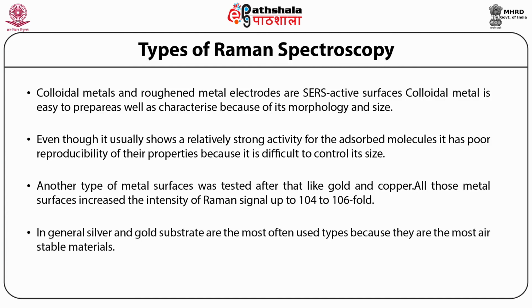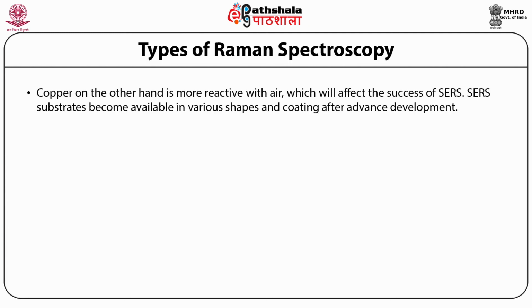In general, silver and gold substrates are the most often used types because they are the most air-stable materials. Copper, on the other hand, is more reactive with air, which will affect the success of SERS.